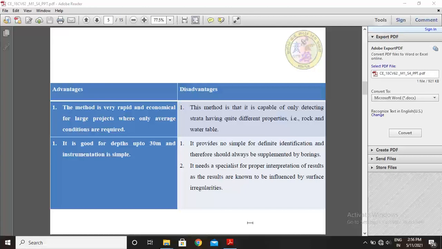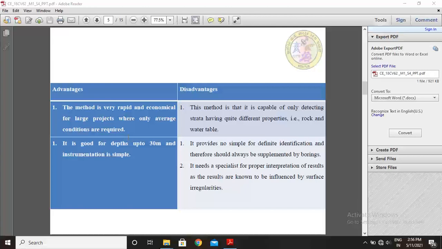Here there are some advantages and disadvantages given for electrical resistivity method. The advantages: this method is very rapid and economical for large projects where only average conditions are required.